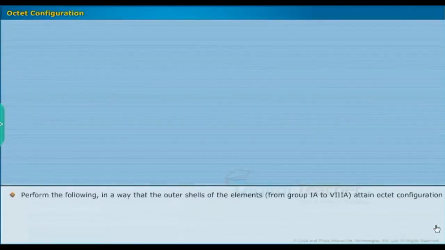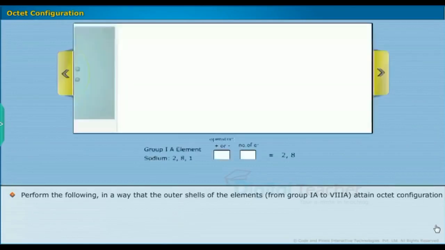Perform the following in a way that the outer shells of the elements from group 1A to 8A attain octet configuration.